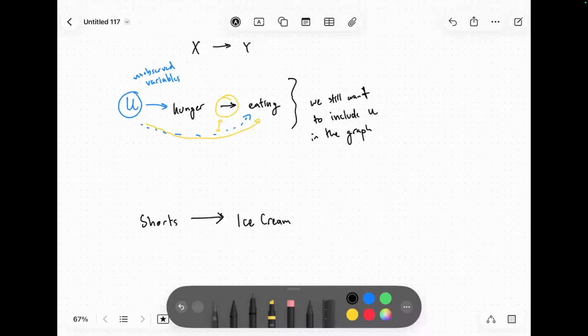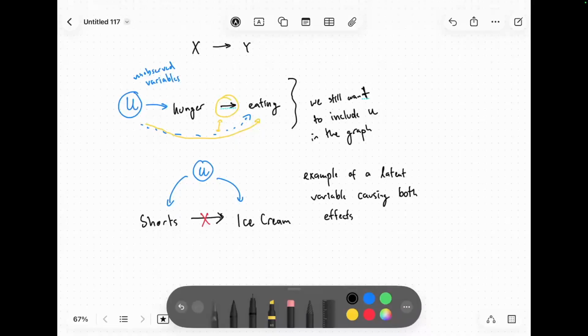So we may have some kind of unobserved variable which is doing something like this. And so this would be an example of a latent variable causing both effects.